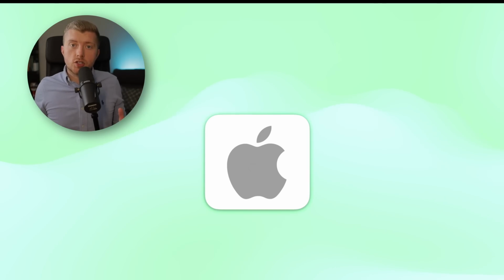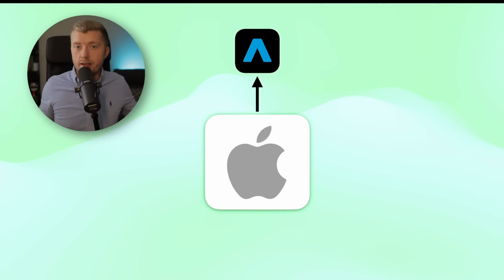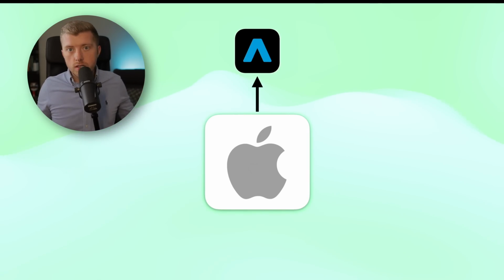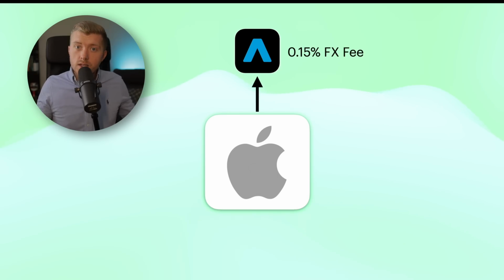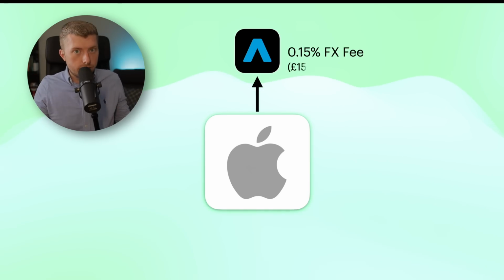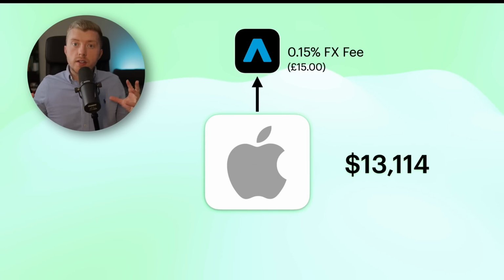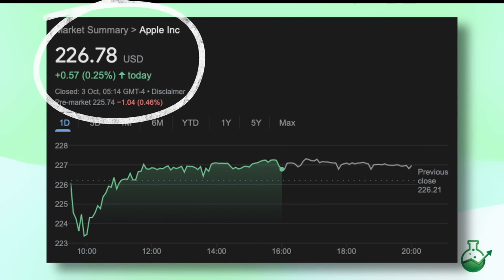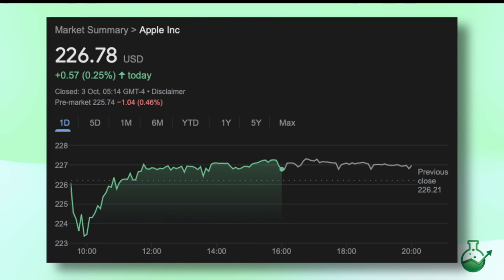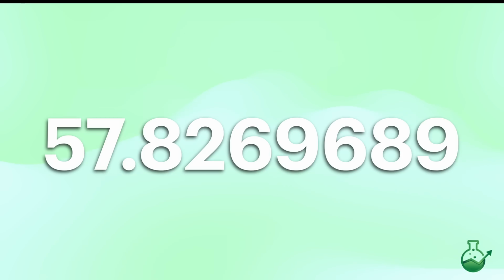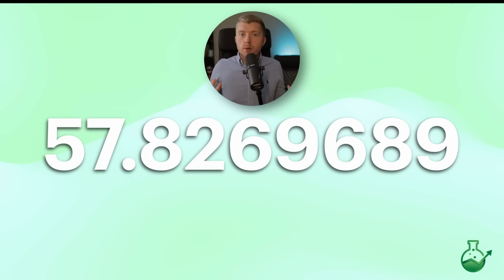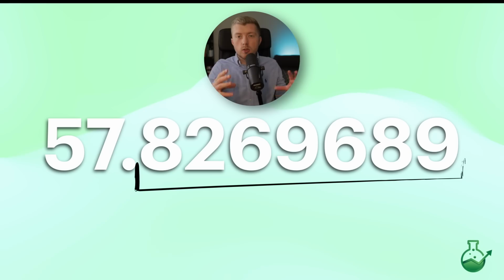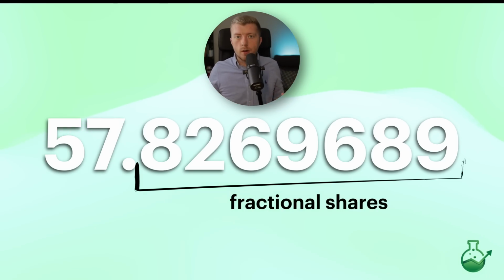And to complete this transaction, Trading 212 would convert my £10,000 into United States dollars, whilst also taking an FX fee of 0.15%, so the equivalent of 15 quid on this specific transaction, and then that would convert into roughly $13,114 worth of Apple stock, which, given that Apple shares currently trade at about $226 a share today, would give me the equivalent of 57.8269689 shares. Now, as a side note, the shares that aren't whole shares are something called fractional shares, but that's probably another topic for another video.